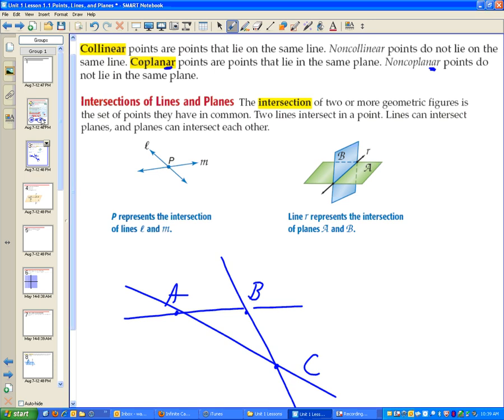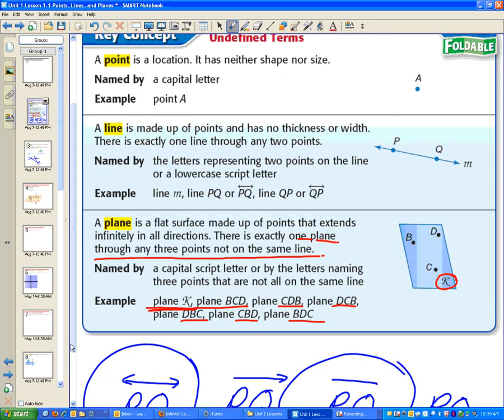So, back to this figure, points B, C, and D are coplanar because they're in the same plane. If I put point E up here, outside of those imaginary boundaries, E is non-coplanar with the other 3. So B, C, and D are coplanar, but B, C, D, and E are non-coplanar.